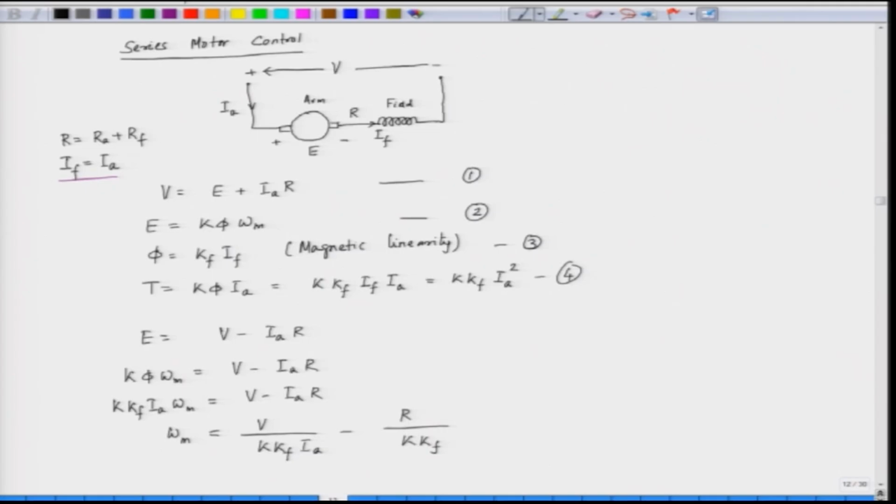This relates the speed with the current, but we ultimately want speed as a function of torque. So, from equation 4 we can say that T equal to K Kf into Ia square. From this we can say that Ia is equal to under root T by K Kf. So, if you substitute this value of Ia in this equation 5, what we get is the following.